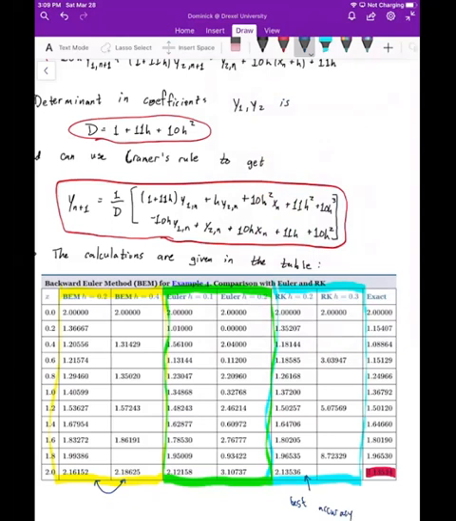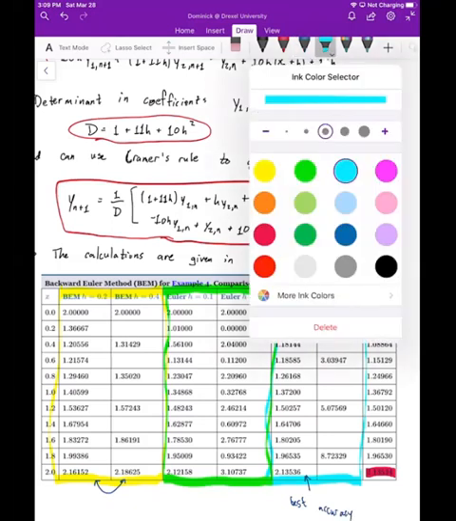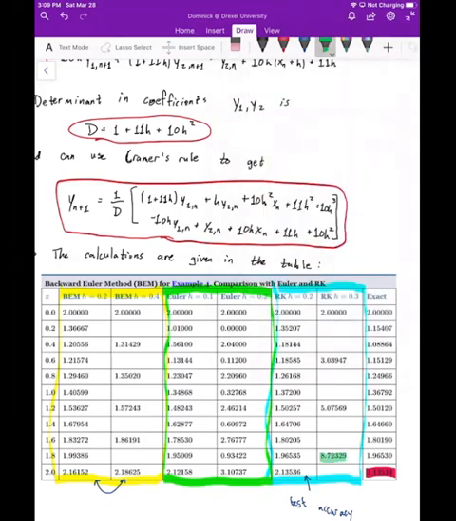But if you look at the next step size up, something interesting happens. If you look at a step size of 0.3, this is also the most off of any of the values here.